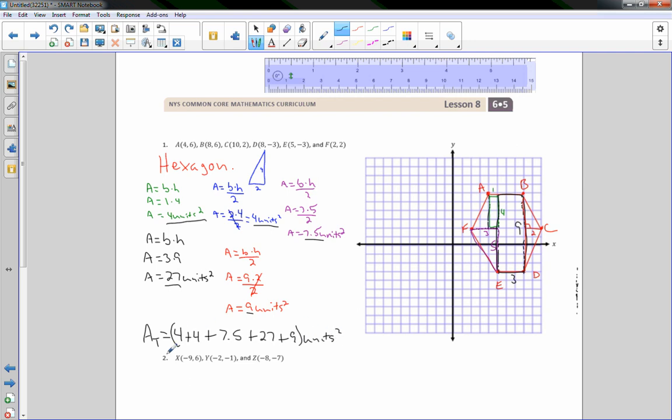So the area total equals 4 plus 4 is 8, plus 7.5 is 15.5, plus 27 is 42.5, plus 9 is 51.5 units squared.